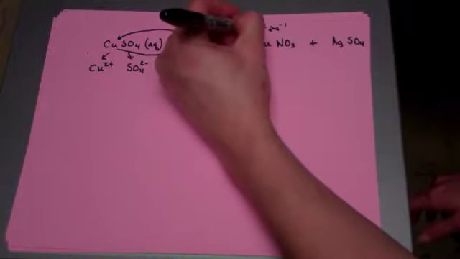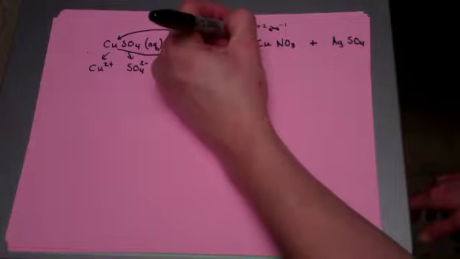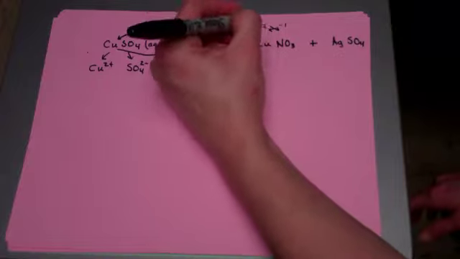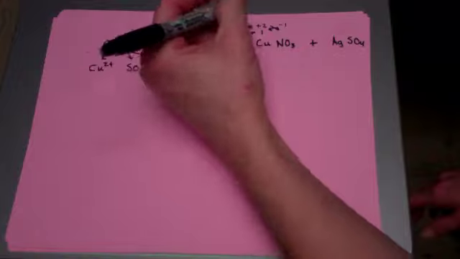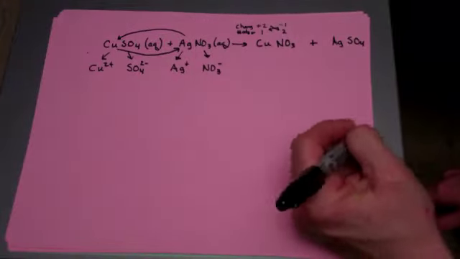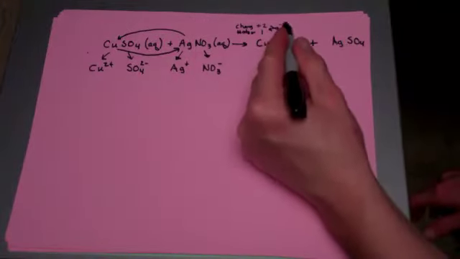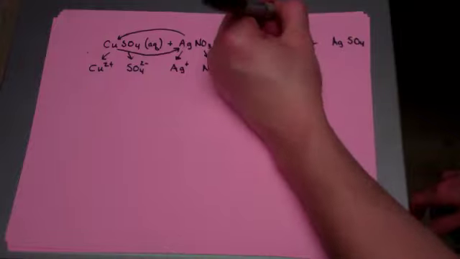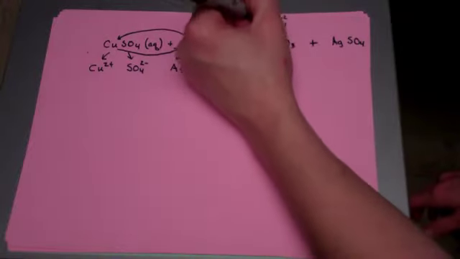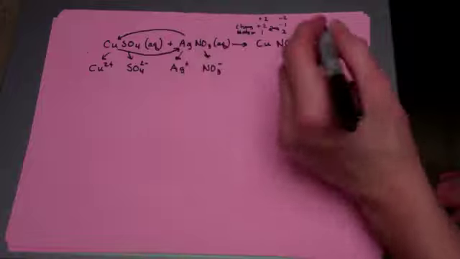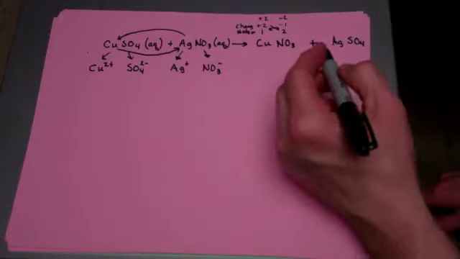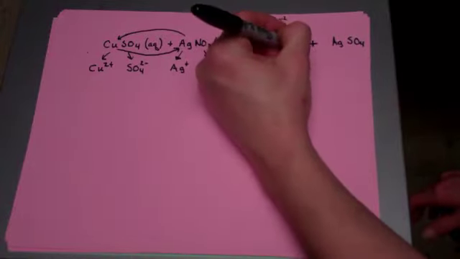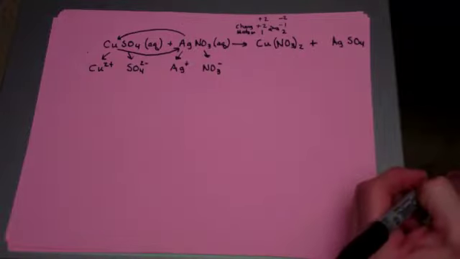So if we have charge on top in this case and number of atoms below, if we do 1 for the copper and 2 for the nitrate, we should get this to balance. 2 times -1 gives us -2. 1 times +2 giving us +2. That should neutralize and be a good compound. So we're going to need to have 2 nitrates present to make that a good valid compound.